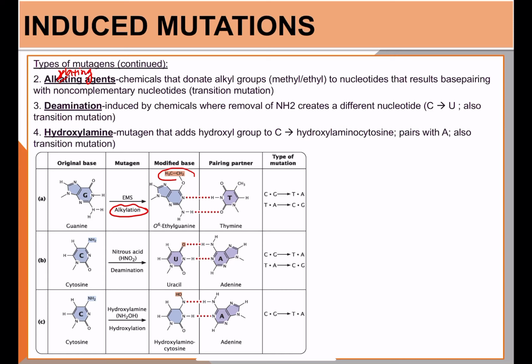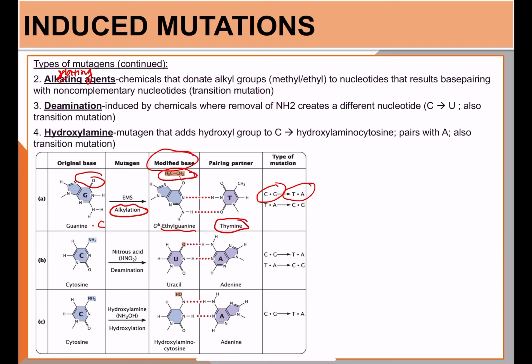Okay, this is an ethyl group that's added to this particular oxygen on the guanine, so that now it becomes ethyl guanine. Well, G is supposed to pair with C in the wild type sequence, but because now you have a modified base, it likes to form a pair with thymine instead. So you went from a CG pairing into a TA type of pairing, okay?